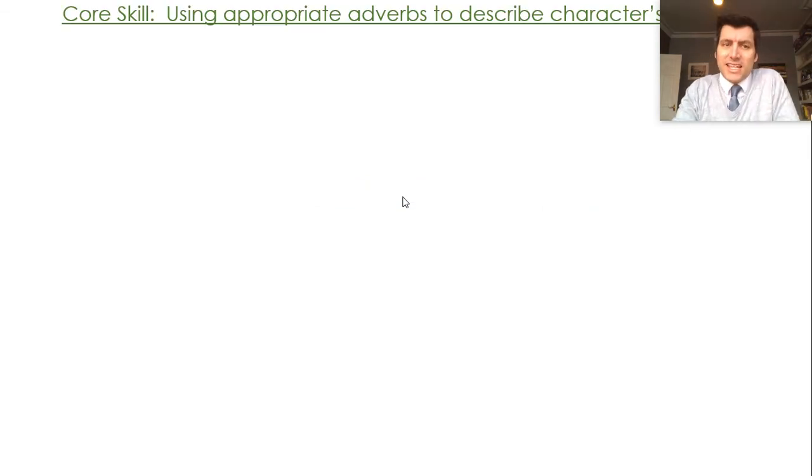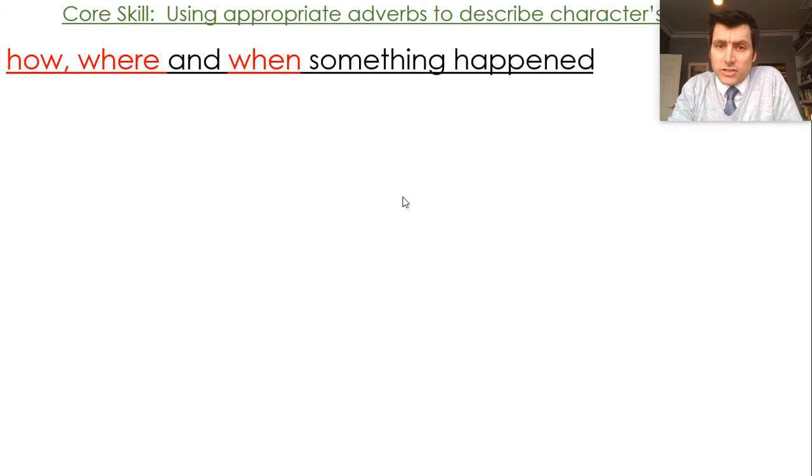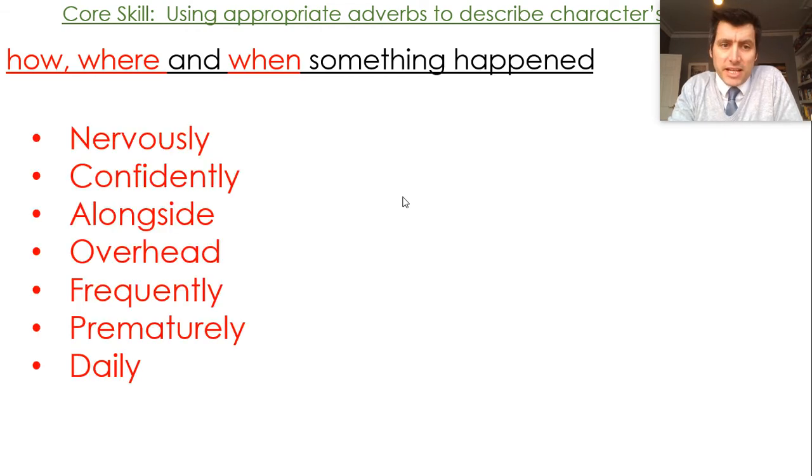Okay, guys, now we're going to think about which adverbs are most appropriate when we're describing our character's actions. Remember, they're how, where, and when something happens. So we've got those adverbs which we looked at earlier, which were included in those sentences. So nervously, confidently. They're antonyms of each other, really. They're the opposite. Alongside and overhead. So this hand is now alongside this hand, but now this hand is overhead.